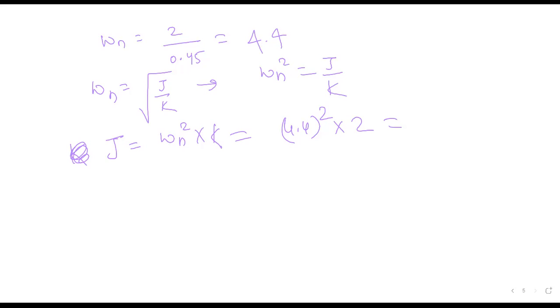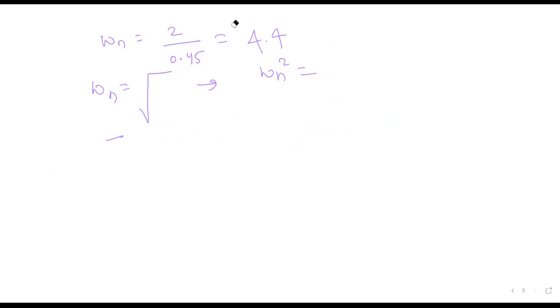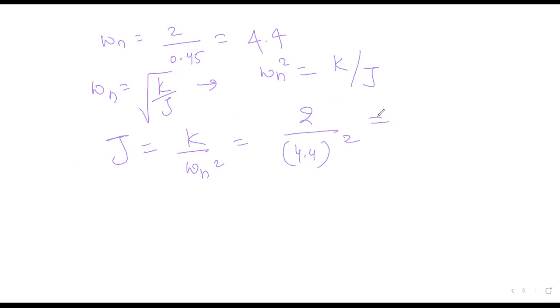Sorry. This is k by J, so it would be omega n square equals k by J. So J would be k upon omega n square. Now tell me 2 upon 4.4 square. 0.103.